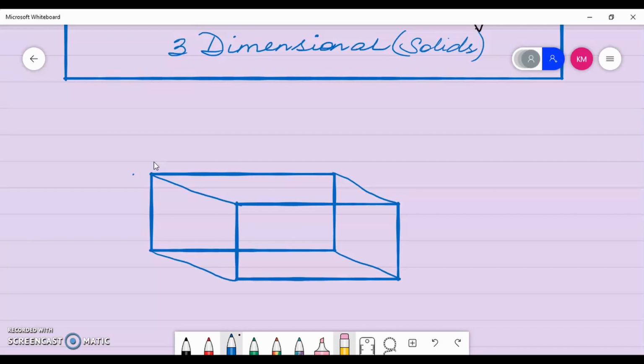Just as the cube, our lines are called edges. So in a cuboid, there are 12 edges.